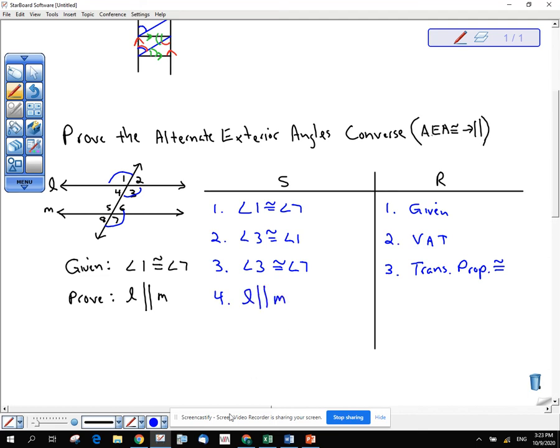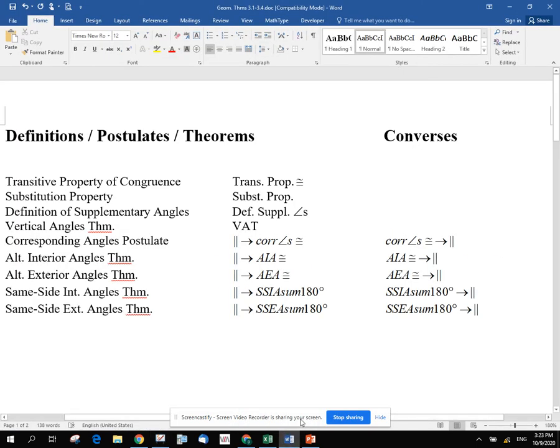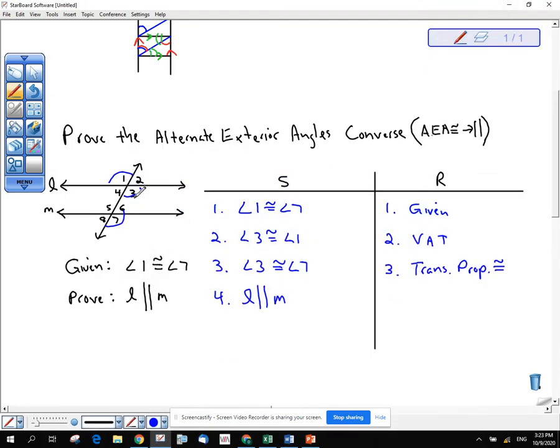Why? Well, again, I'm trying to go slow and be really deliberate here. We're concluding that lines are parallel, so it must be one of these five, right? It has to be something that implies that lines are parallel. Which one is it? Well, it's corresponding angles, because 3 and 7 are corresponding angles. Again, I couldn't use parallel lines implies corresponding angles are congruent earlier because I didn't know the lines were parallel.